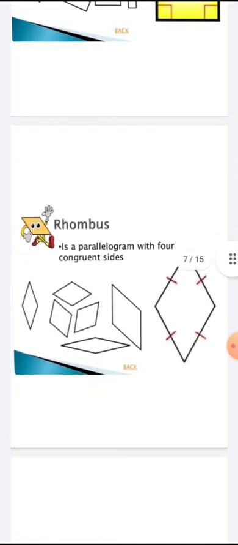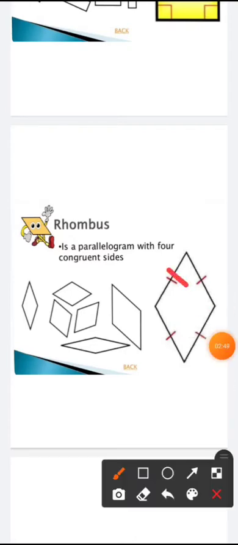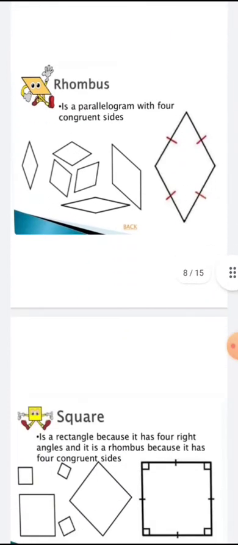Similarly, rhombus. A rhombus is a parallelogram with 4 congruent sides. In the rhombus, the most special property is that all sides are equal. We can see that all the sides are equal. A rhombus has all the properties of a parallelogram and also that of a kite.